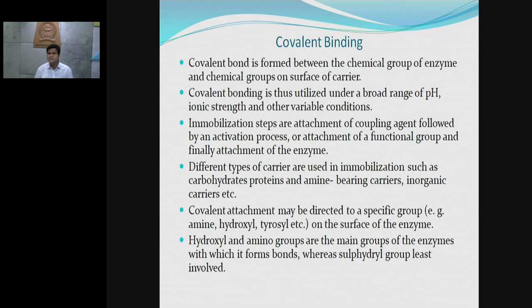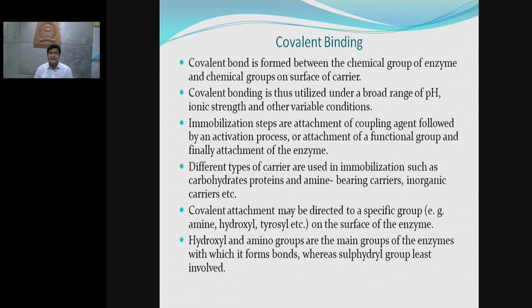So there are different types of carriers used in immobilization, such as carbohydrates, proteins, amine-bearing carriers, inorganic carriers, etc. In covalent attachment, bonding can be directed to specific groups, for example amine, hydroxyl, tyrosyl, which are on the surface of the enzyme.